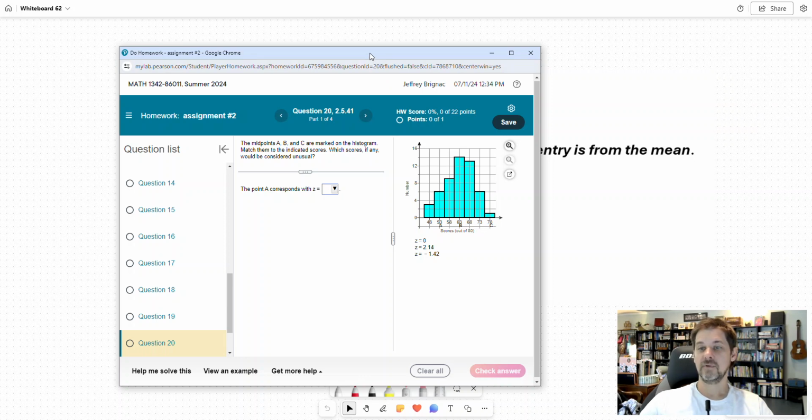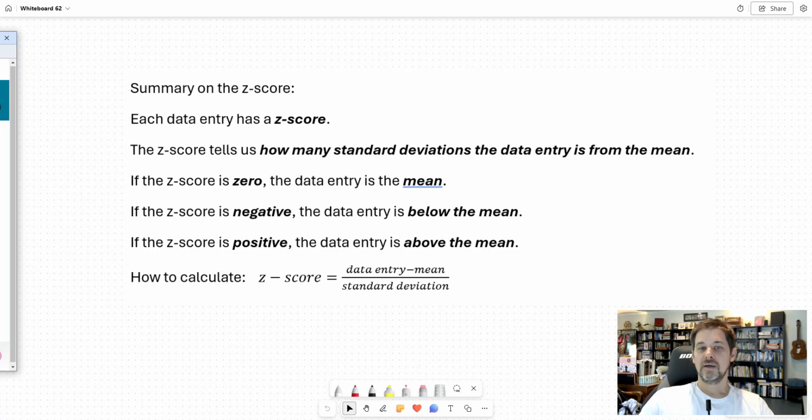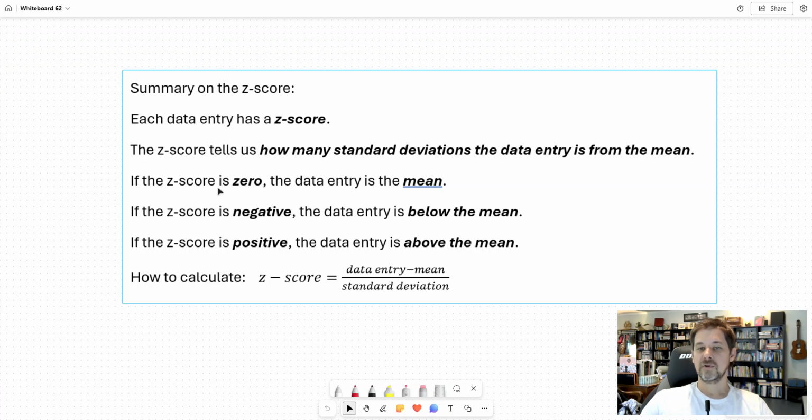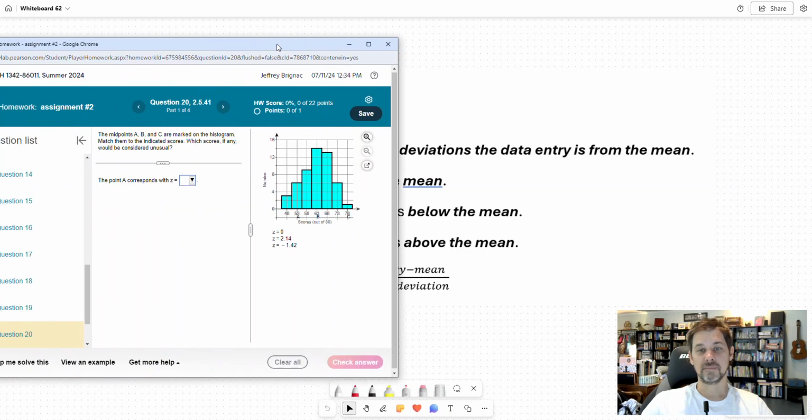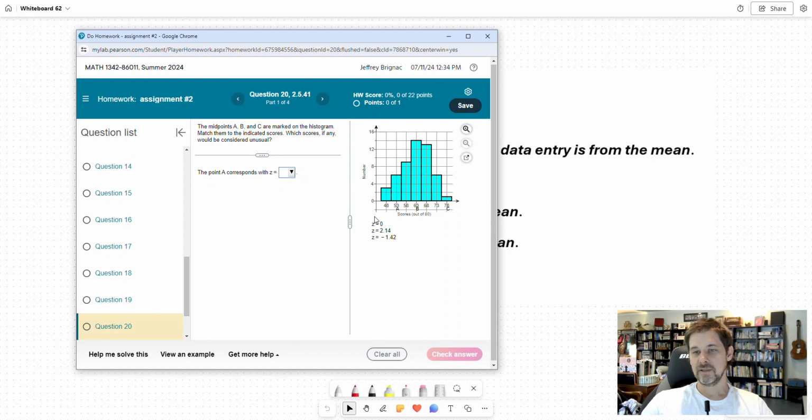If the z-score is 0, the data entry is the mean. If the z-score is negative, the data entry is below the mean. So maybe now it's starting to add up. One of these points, the one with the z-score of 0, is the mean.